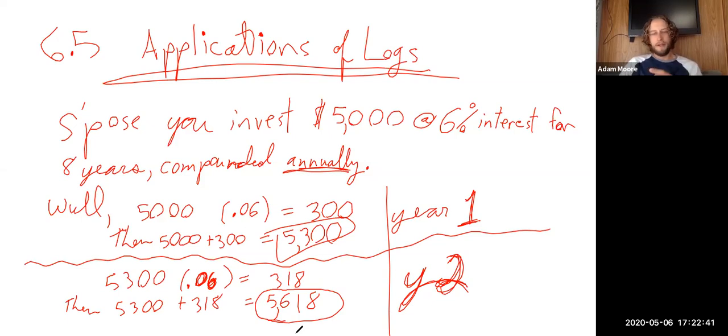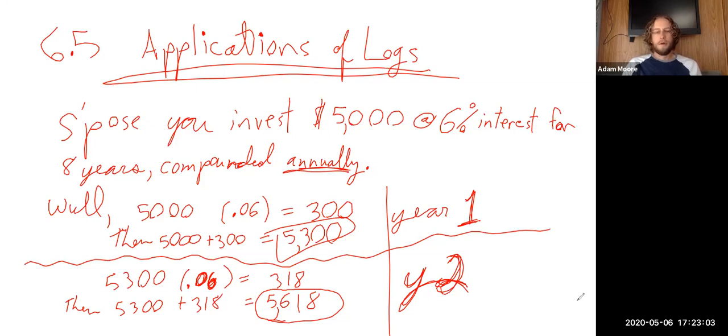Each year you already checked on how much money you now have, and then you're taking 6% of some new amount, so it'll give you more extra money that year. Because it was 318 extra instead of just 300 extra. This is why we call it compounding. It builds on itself.